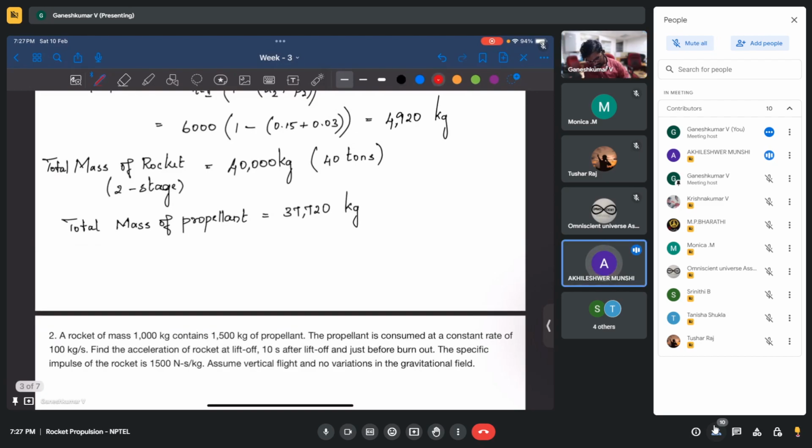It's drastically less. Right. So, any idea why it is drastically less? Basically, what I observe at first is that the payload mass fraction has increased tremendously.